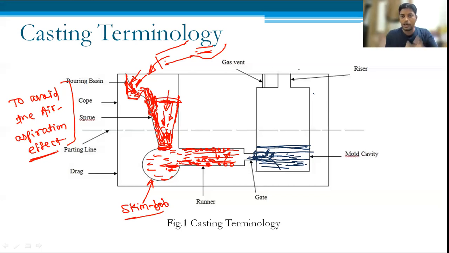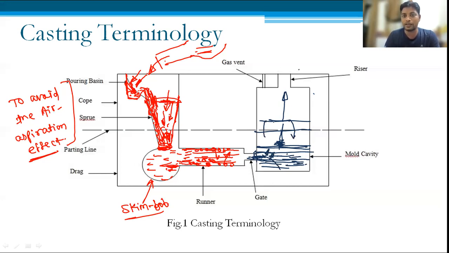So whatever material has reached up to here is moving layer by layer towards the upside, because it has high density and low viscosity. So it will not move towards the downside and then come upside.